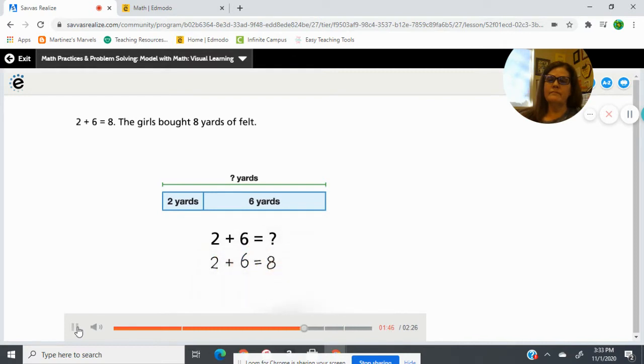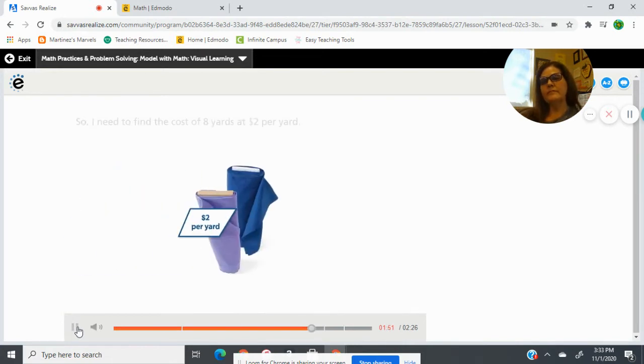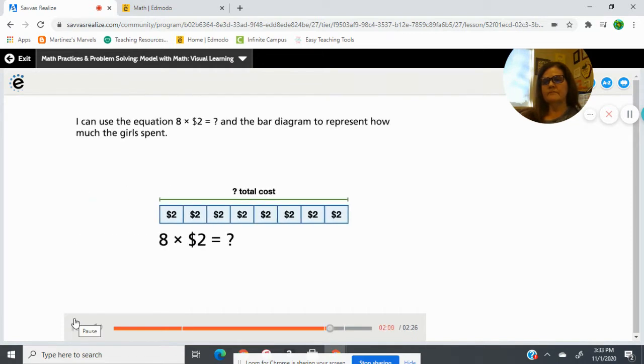The girls bought 8 yards of felt. So, I need to find the cost of 8 yards at $2 per yard. I can use the equation 8 times $2 equals what, and the bar diagram to represent how much the girls spent.